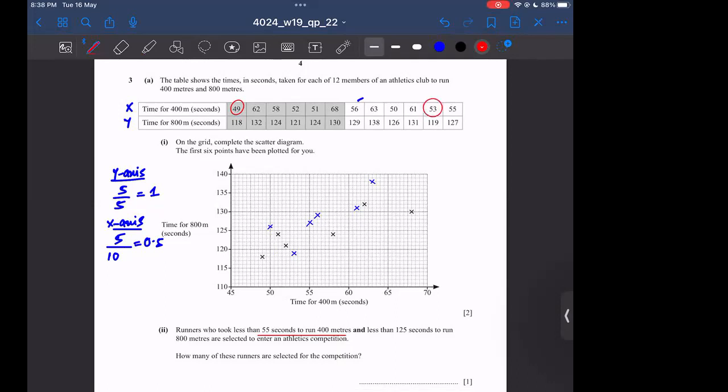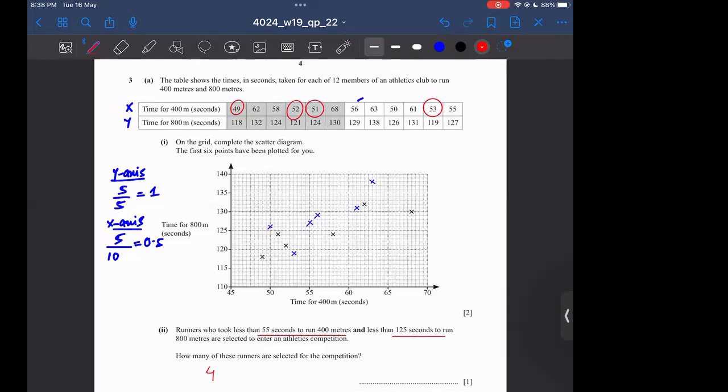So we have 2 people out of 10. We have 2 people from the 400-meter race who took less than 55. There are 3 over here, 53, 52, and 51 as well. Sorry, so there are 4 over here. Now in the 800-meter race, less than 125.